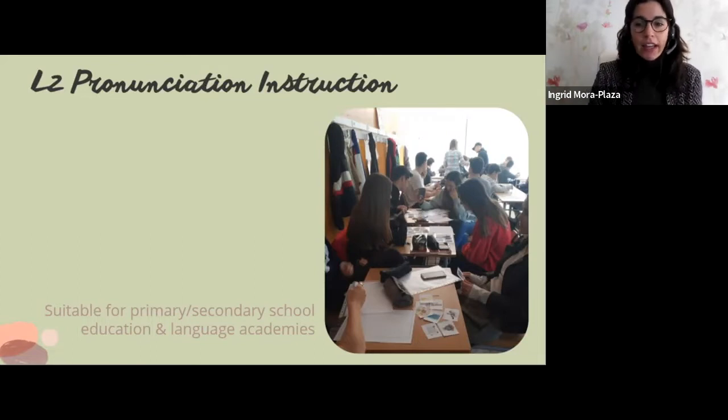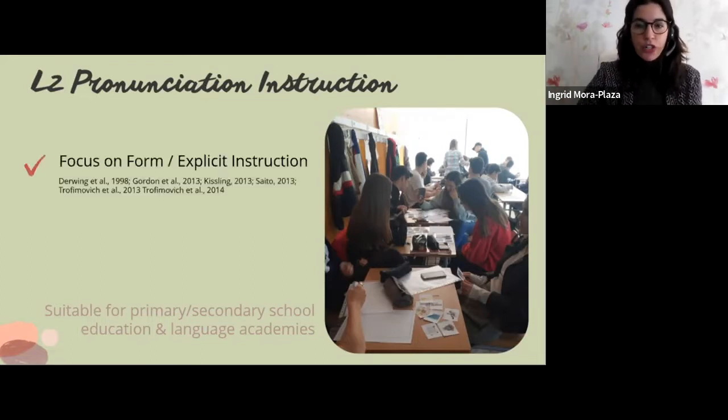So one way is through explicit instruction. Explicit instruction helps learners notice the difference between their own productions and those of more proficient speakers, and it has been shown to improve learners' pronunciation.